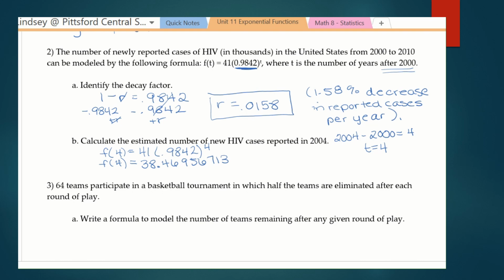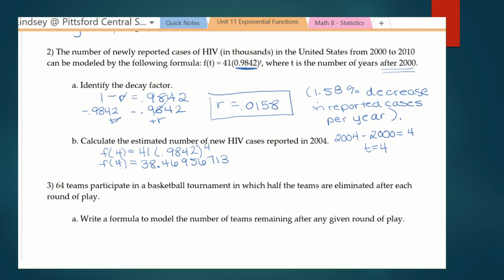Now, since we're talking about population, the number of cases here, and this is technically in the thousands, if we multiply it by 1,000, we're talking 38,469. So it's a pretty large number, and we don't want to discount the fact that there are well over 38,000 cases. We're actually almost halfway to 39,000 cases.